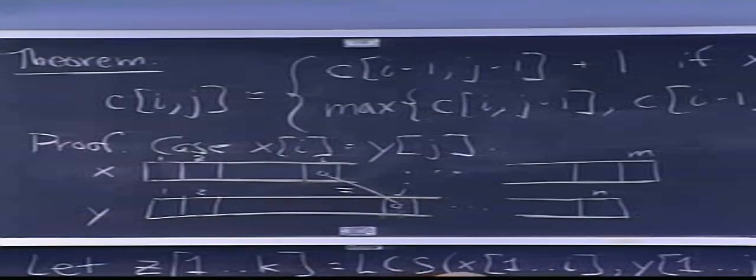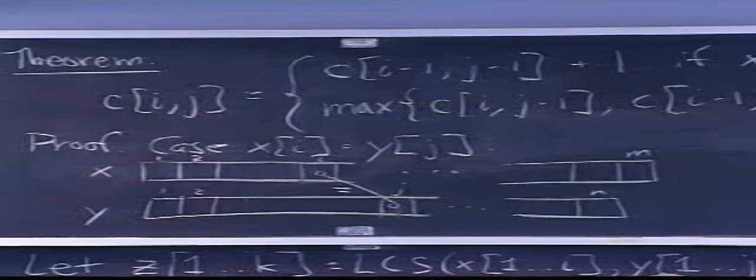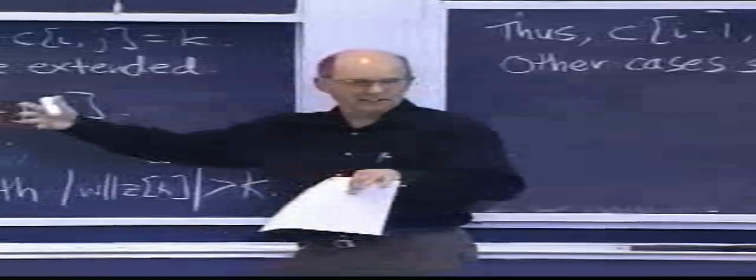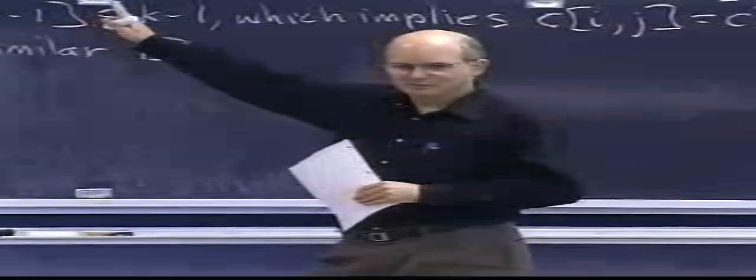And it's going to be the longer of those two. That's a similar type of argument. Once again, cutting and pasting, contradictions about what's actually the longest, and so forth. Same kind of argument. Is that believable? Theorem believable, even if I haven't proved the other case?